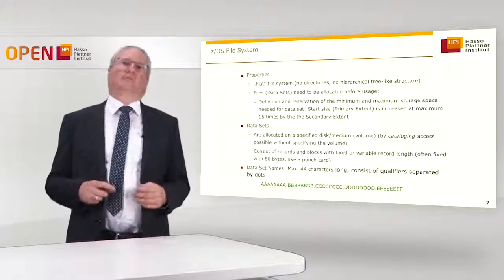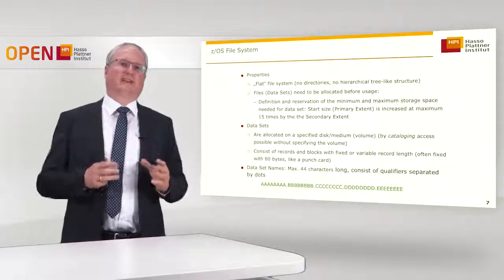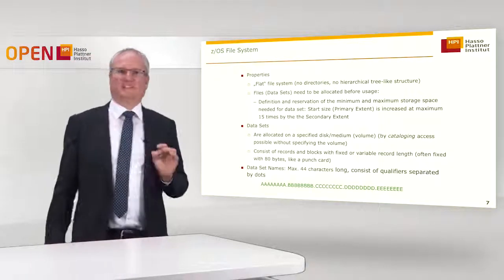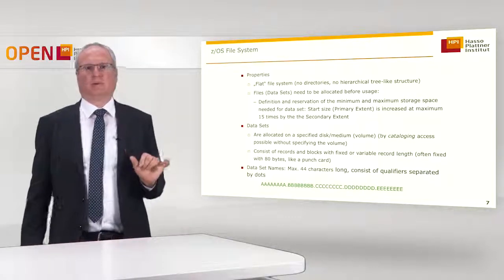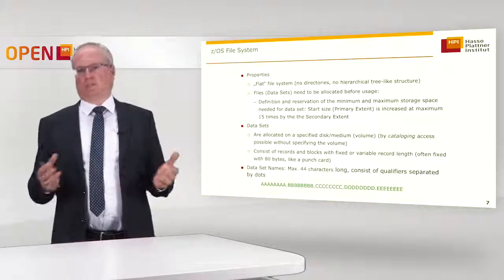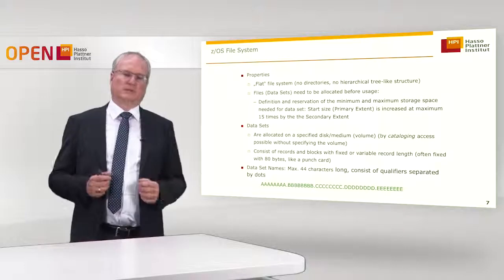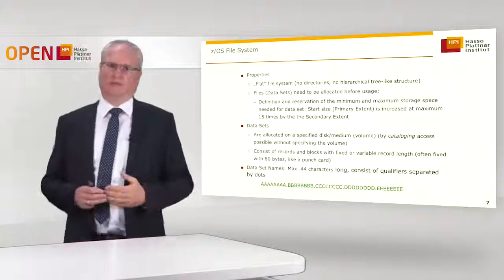And then during the allocation, a secondary extent is defined by which the file can grow up to 15 times. So in total, it's the primary extent plus a maximum of 15 times the secondary extent. If this is used completely, you have to create a new file and copy the content into the new file.